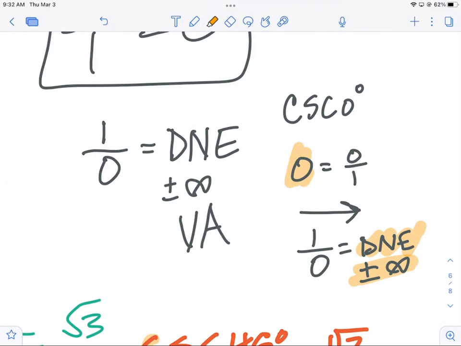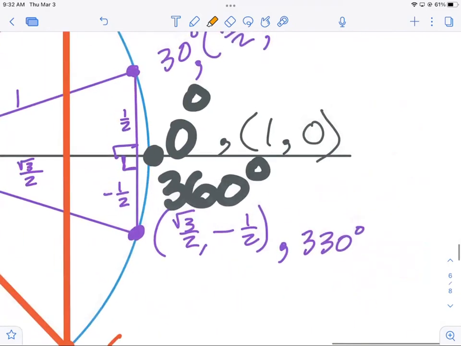But the reason it doesn't exist is because it's some type of infinity. Anytime you flip 0 or you have a 0 in the denominator, you're going to get DNE. So again, cotangent of 0 is DNE, and cosecant of 0 is DNE. Those are the two that put 0 in the denominator.